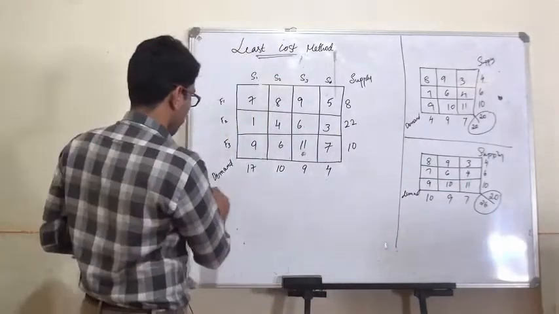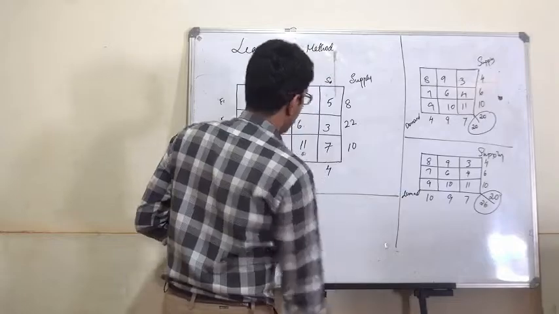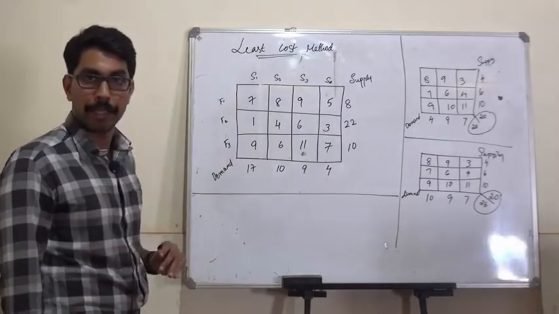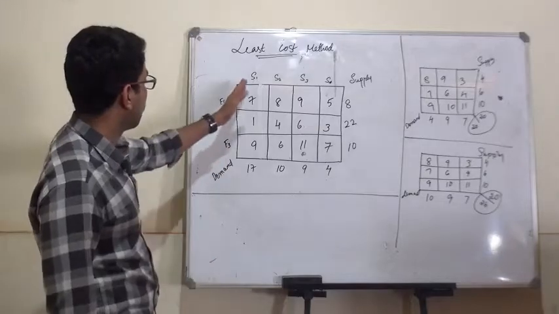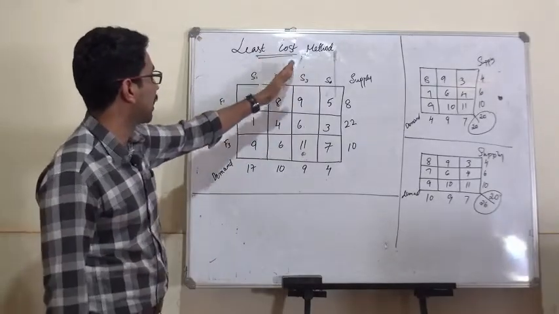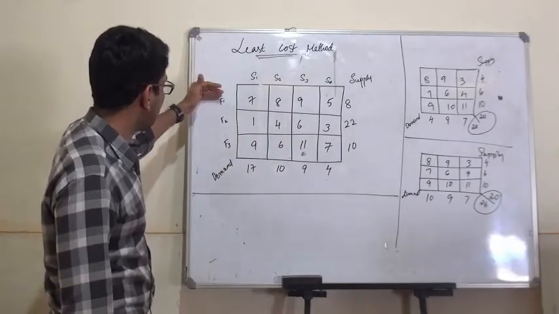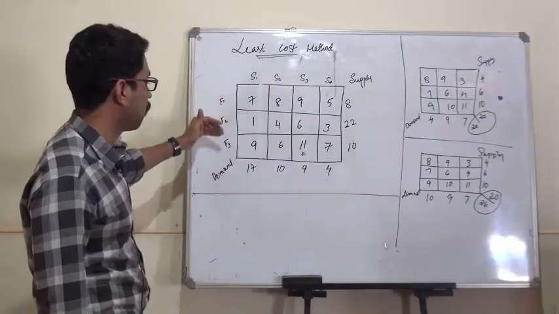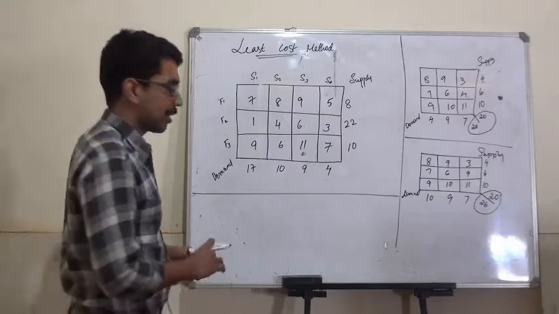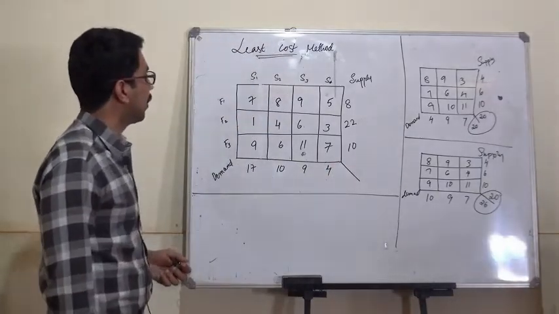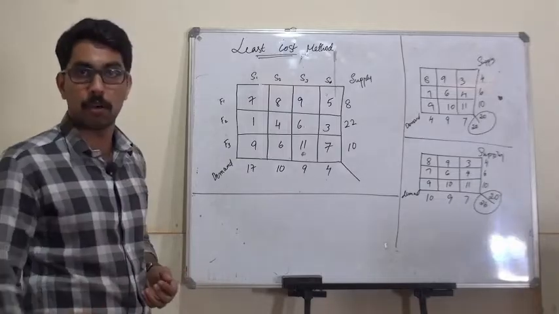Let's come to the problem. You are given the table. In this table, we have 4 columns, S1, S2, S3 and S4, and 3 rows, F1, F2, F3. First we need to check whether the given table is balanced or not.